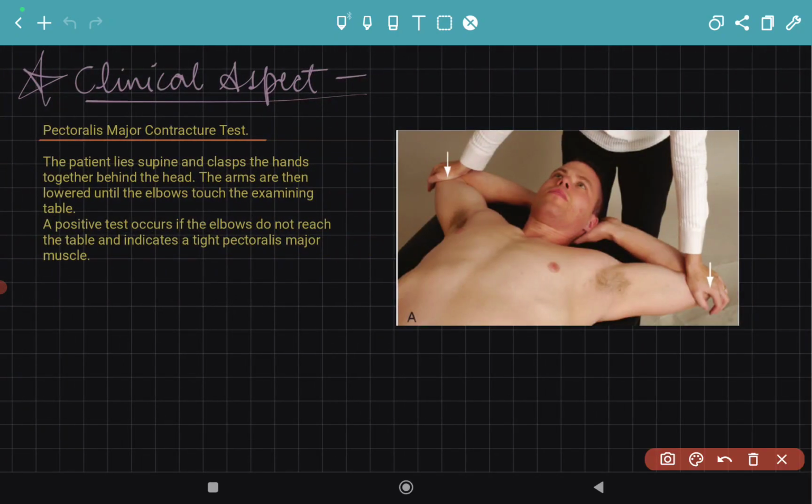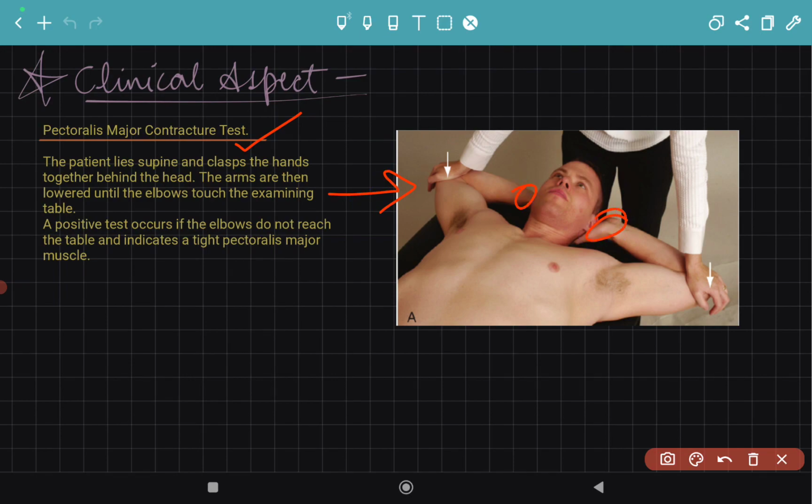Now a simple clinical aspect associated with pectoralis major. Here is the pectoralis major contracture test, to test the tightness of pectoralis major. As we can appreciate in the diagram, the patient is in supine lying position and clasps the hands together behind the head.